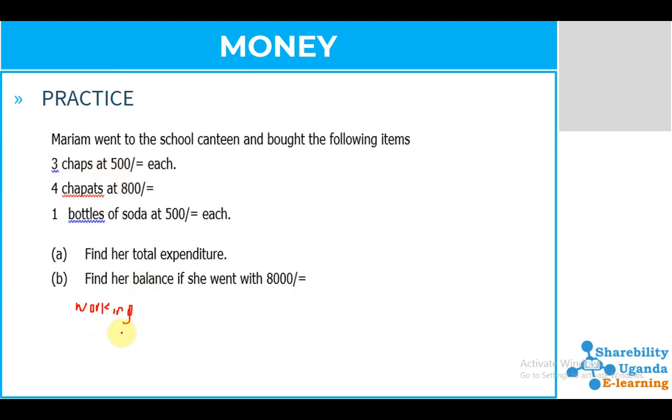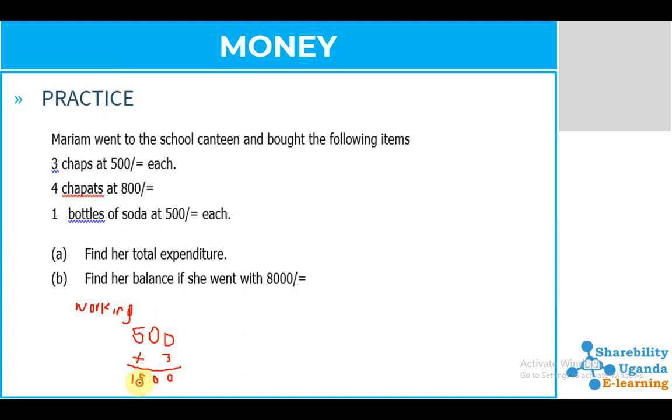So this is going to be our 500, then times 3, for us to get the cost of 3 chapatis. 3 times 0, we get a 0. 3 times 0, also here we get a 0. 3 times 5, we get 15.